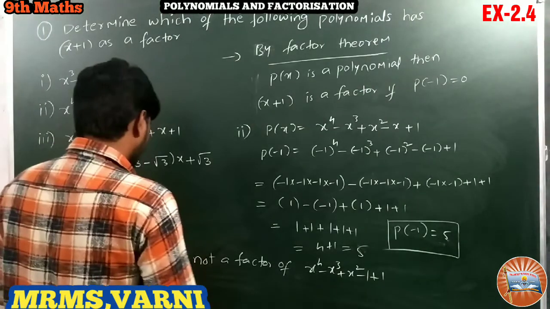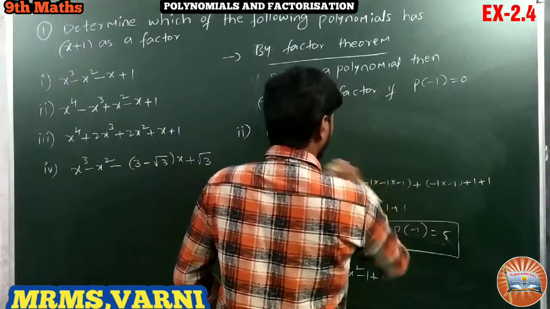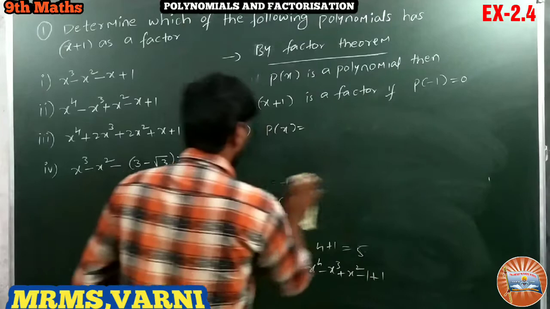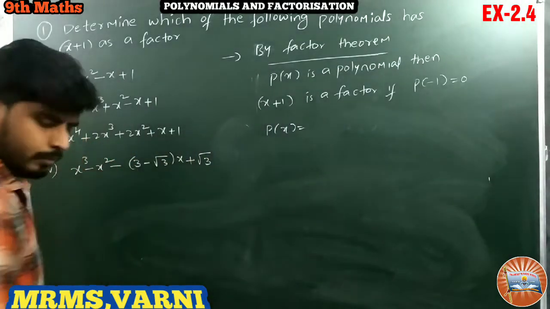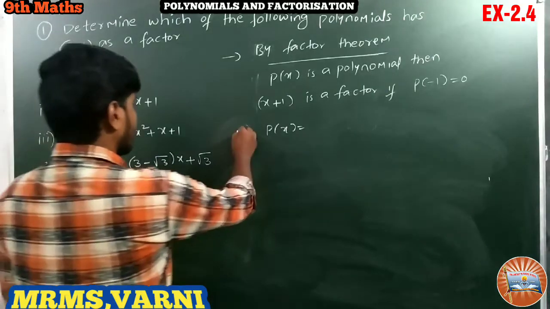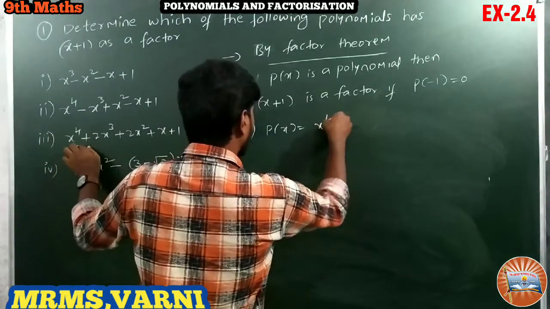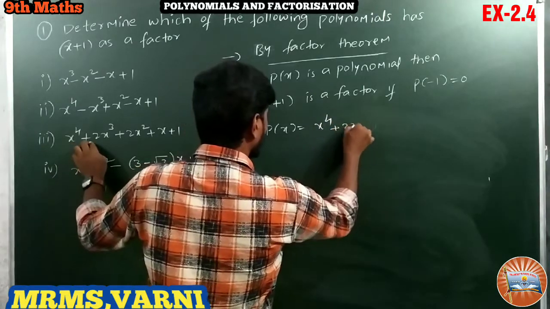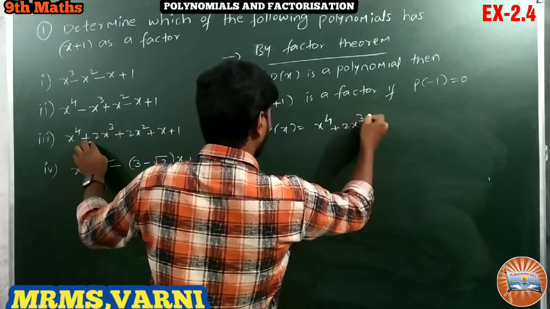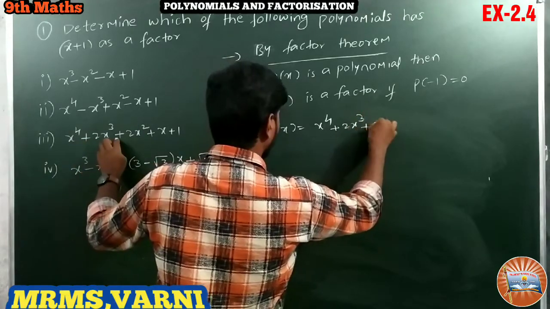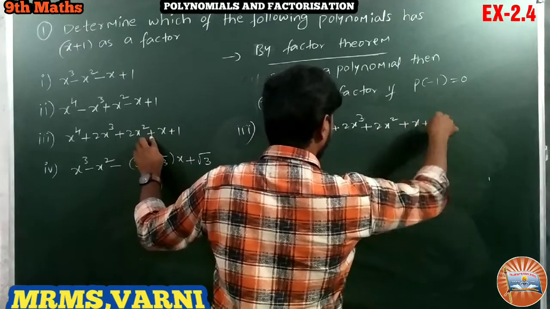So I am going to erase this. Now take another polynomial. This is the third one. What is the question? x power 4 plus 2x cube plus 2x square plus x plus 1.